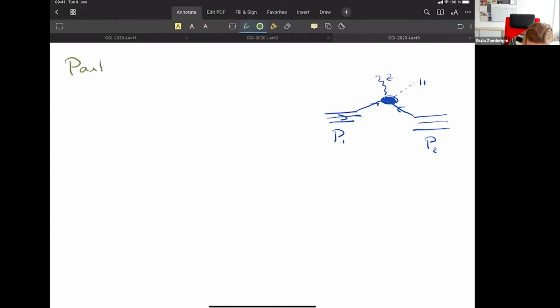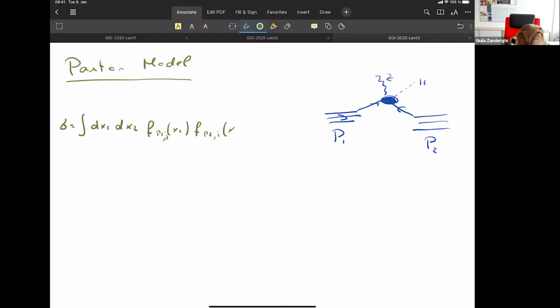So the formula in the parton model is very simple. It says the cross-section for this, sigma, is equal to an integral in dx1, dx2, f_i of x1, f_j of x2, maybe I put some indices ij, then I have a partonic cross-section.